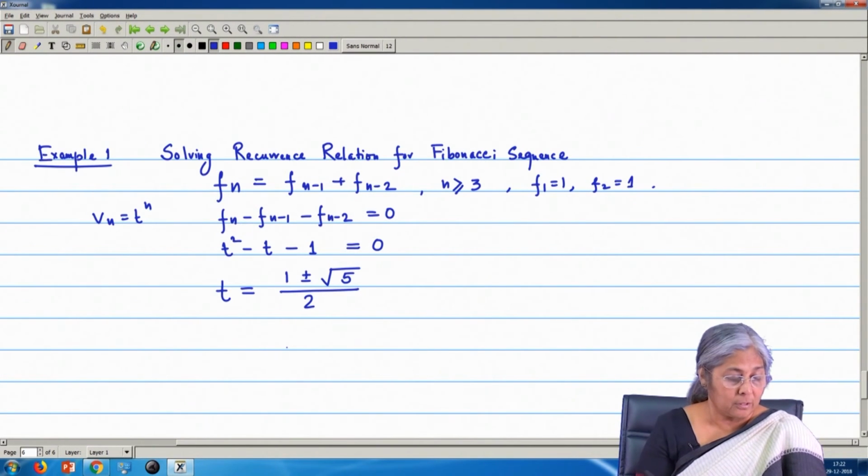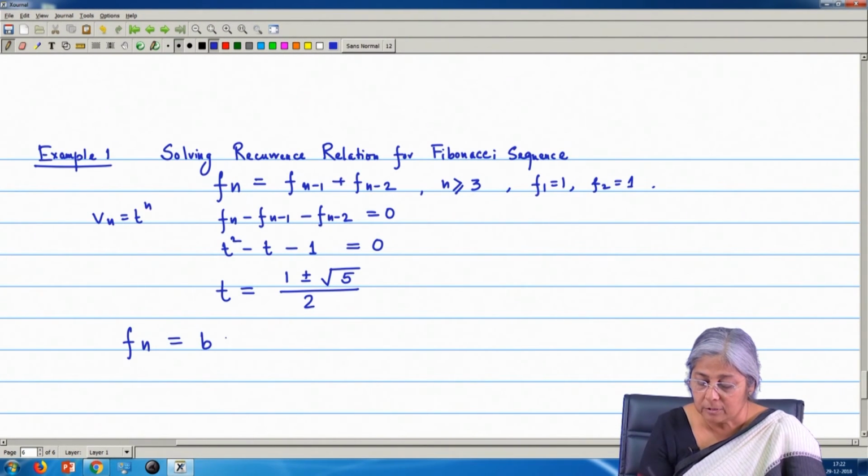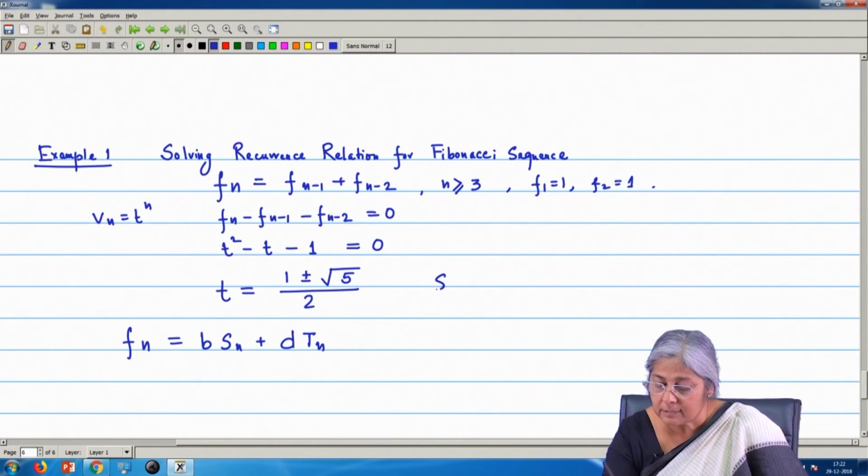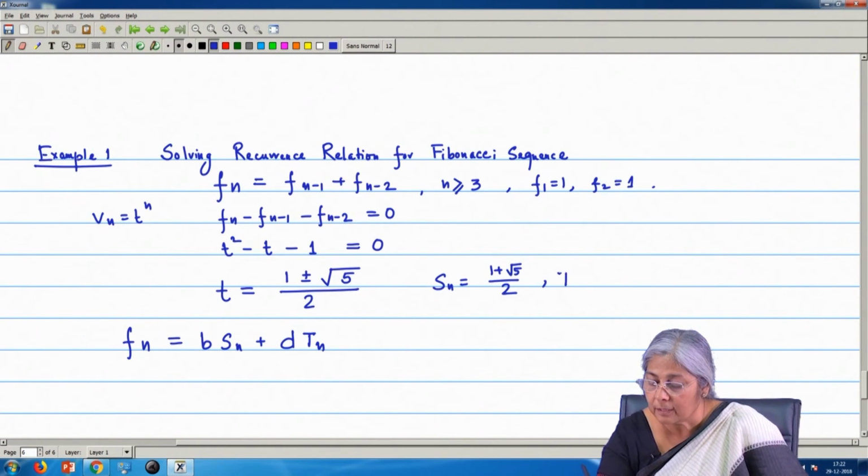So, I can write the solution f n equal to b s to the power n plus d t to the power n, and here s equal to 1 plus root 5 by 2 and t equal to 1 minus root 5 by 2.